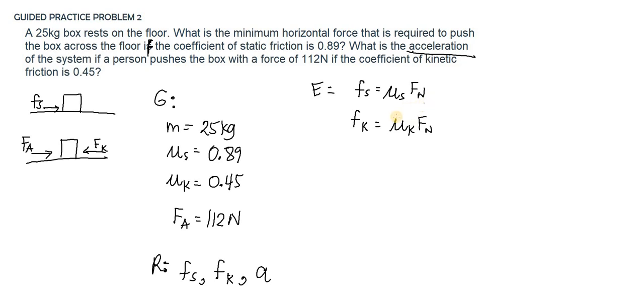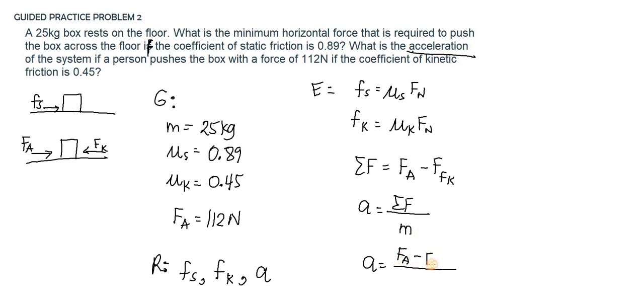To find the acceleration, we first have to find the summation of forces acting on the object, which is F sub A minus the frictional force F sub K. Then the acceleration is the summation of forces over M, so A is equal to F A minus F sub K over M.